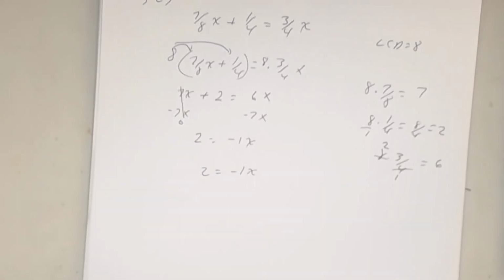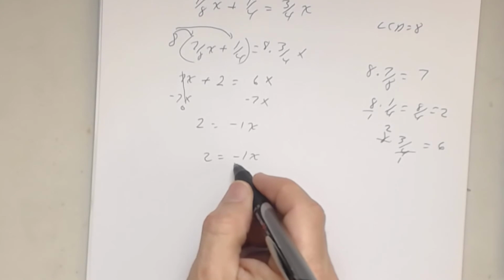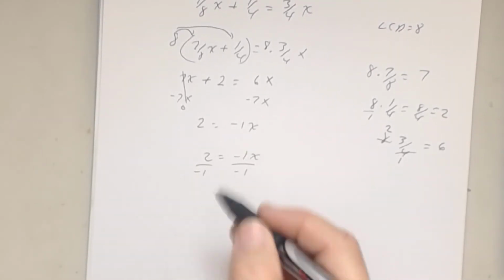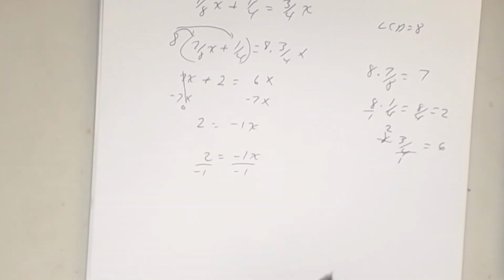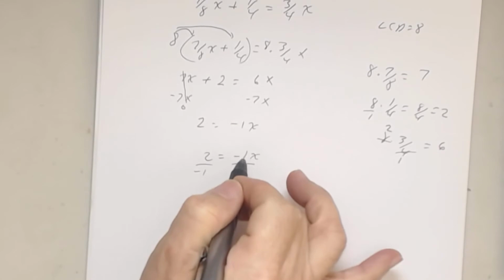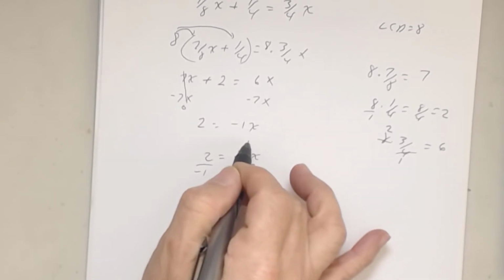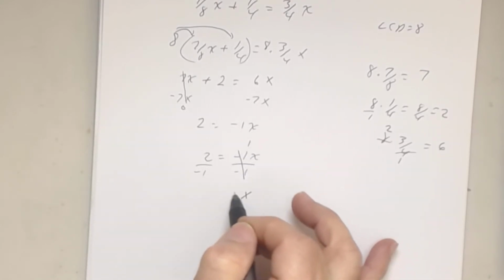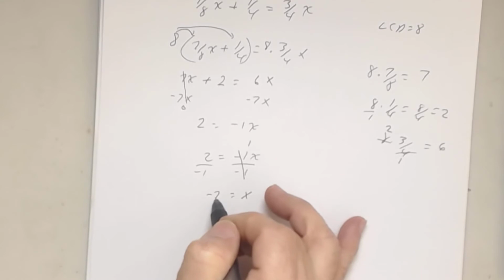What's the next step? Divide both sides by negative 1. Negative 1, not negative 1x, but what? Negative 1. You should be dividing only by the coefficient. And then finally your answer is, what's negative 1 divided by negative 1? 1. 1 times x. And what's 2 divided by negative 1? Negative 2. Okay.